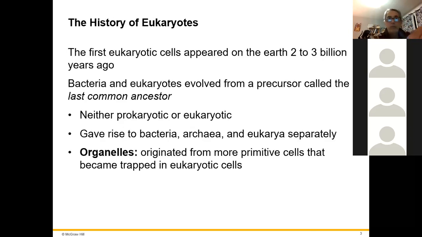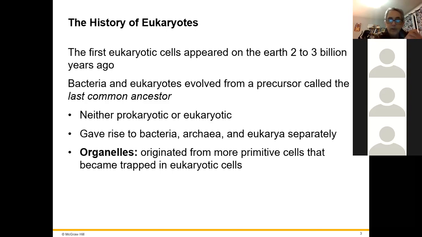So we believe the first eukaryotic cell appeared on Earth 2 to 3 billion years ago. Bacteria and eukaryotes evolved from a predecessor called the last common ancestor. Whatever this ancestral cell was, it was neither prokaryote nor eukaryote, but it gave rise to bacteria, archaea, and eukaryotes separately.